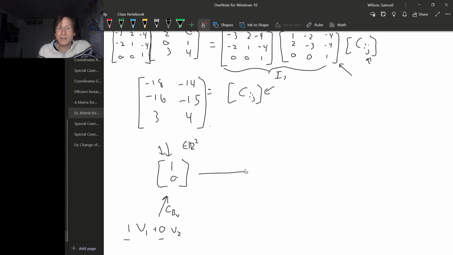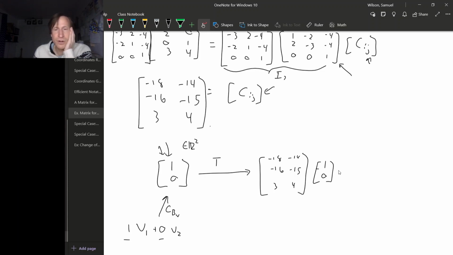So to see what the linear transformation does to this vector, we multiply this on the left by our C matrix. So minus 18, minus 14, minus 16, minus 15, 3, 4, times our coordinate vector. And this matrix product is easy. That's minus 18, minus 16, 3.